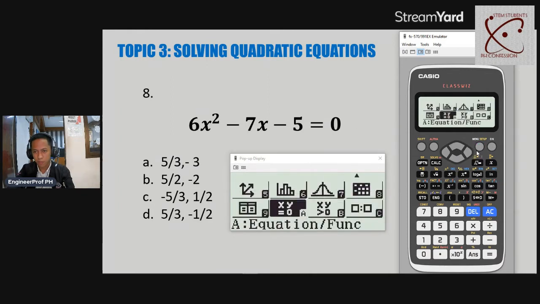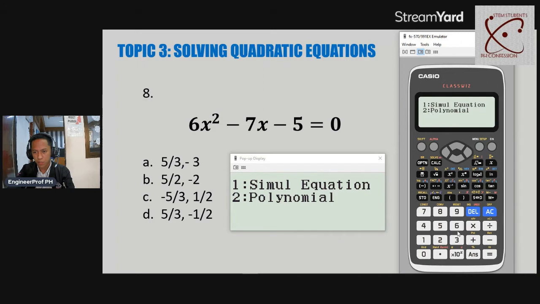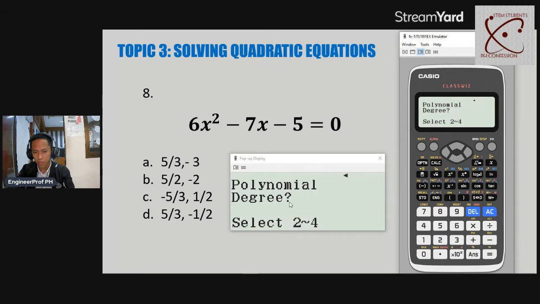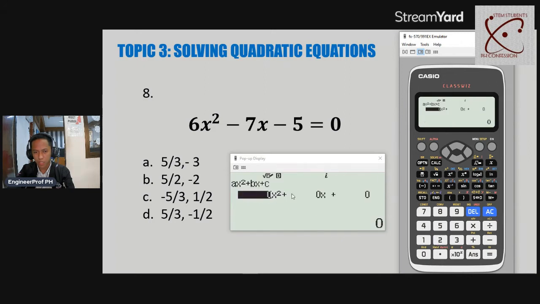Okay. So, menu and equation. So, A. Just press A, or if you have navigated already, press equals. So, polynomial, and the degree is 2, quadratic. Okay, so let's put in ax squared plus bx plus c.